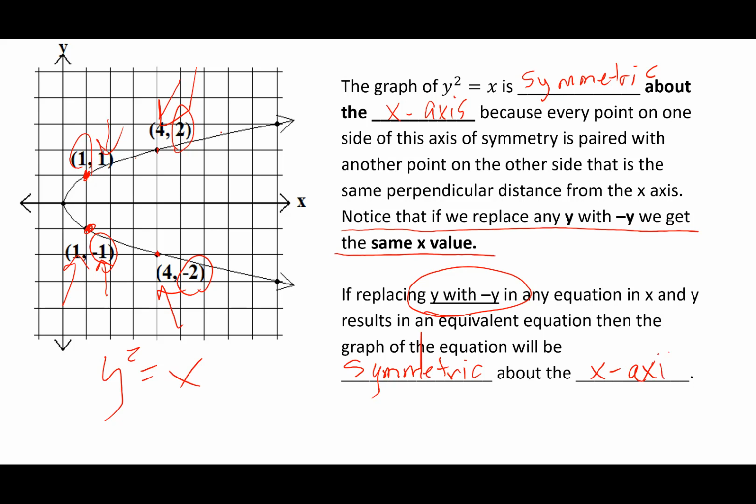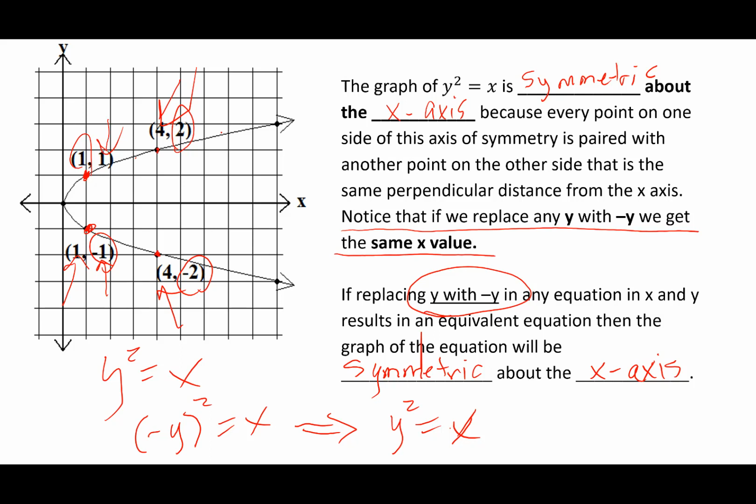Okay, so notice in this function here, y squared equals x, if you were to substitute negative y for y in that equation and do to it exactly what you were doing to y, which is squaring it, then it just stays the same. It's the same function. It's equivalent. So that's how you would know, just by looking at the equation, if any function is symmetric about the x-axis.